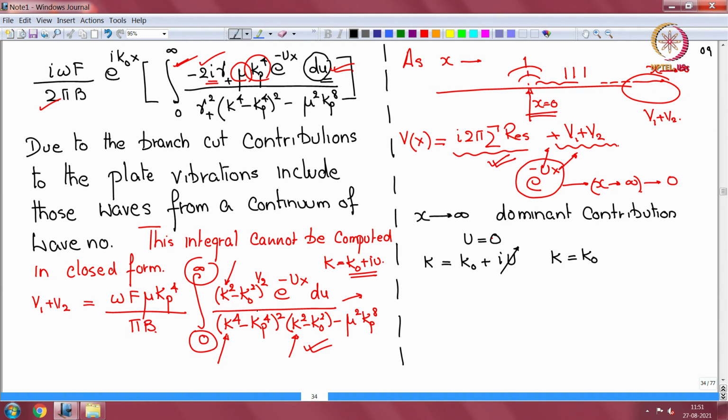So in here k will be equal to k0 or close to k0, and k will be equal to k0 here.